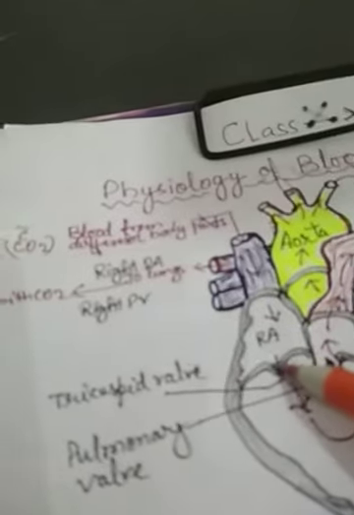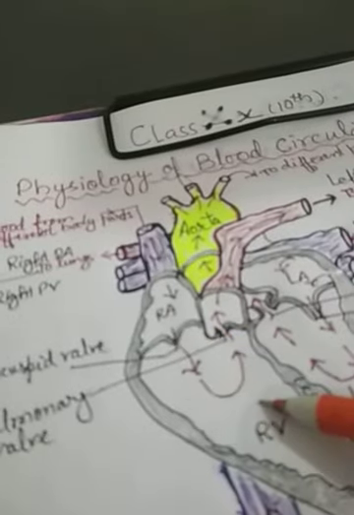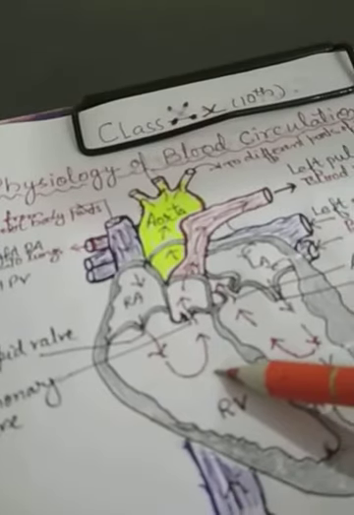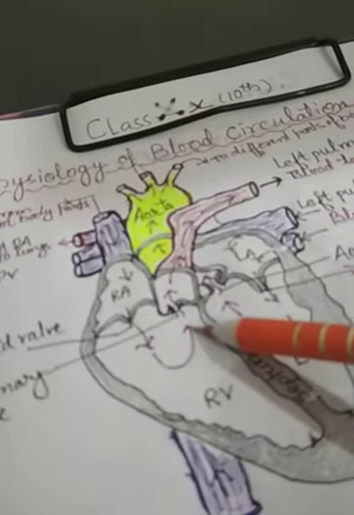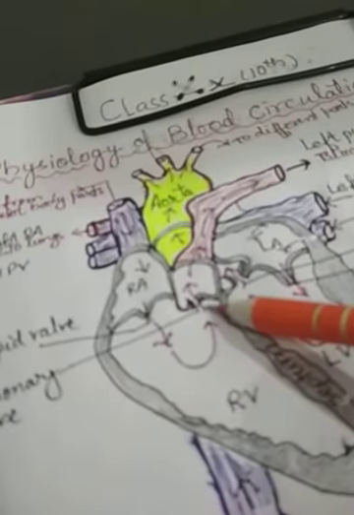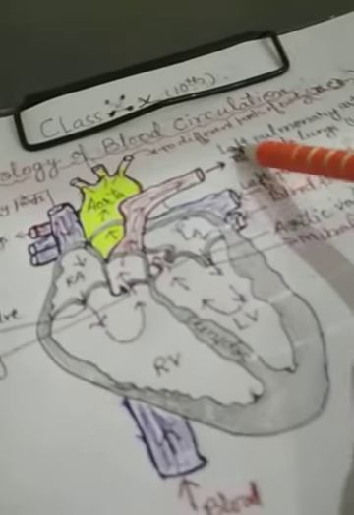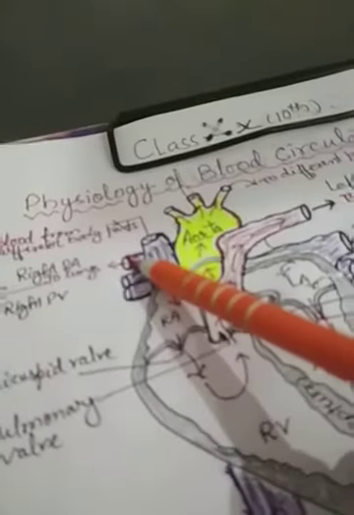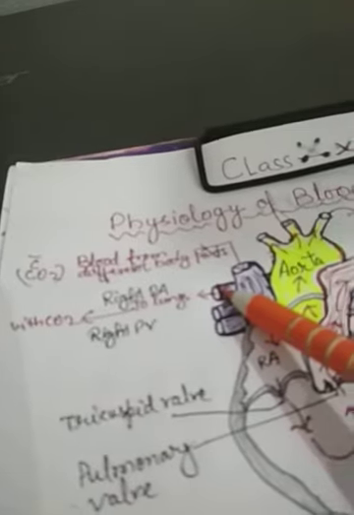This is the tricuspid valve, and when the right ventricle is filled with sufficient blood carrying carbon dioxide, the right ventricle contracts, and the blood flows into the right and left pulmonary arteries. This is the left pulmonary artery, and this is the right pulmonary artery, right PA.